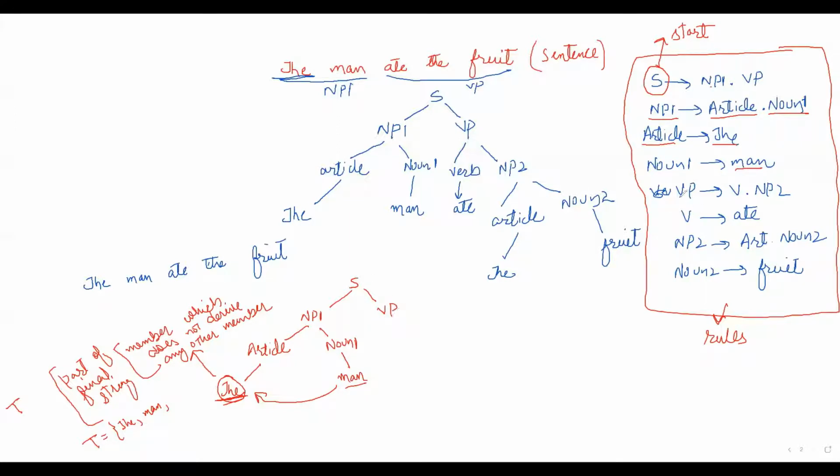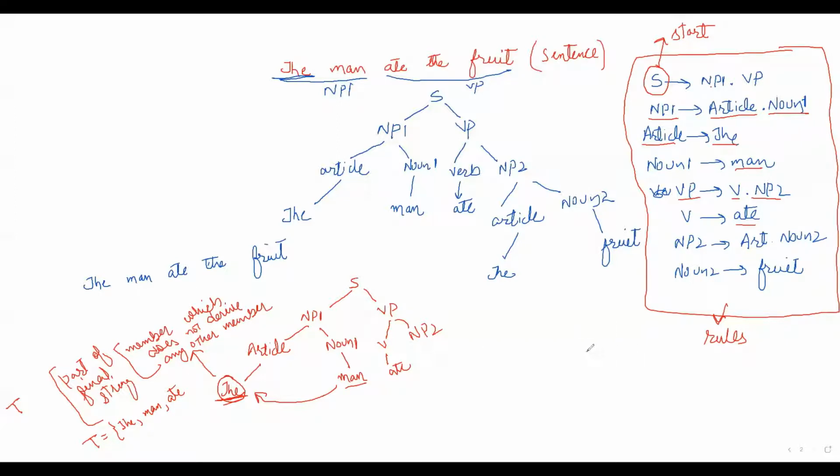Verb phrase can be written as verb and noun phrase two. Let's go this side first. Verb can be written as ate. Can we derive anything else from ate? No. And ate is a part of the final string, so it also belongs to this T set.